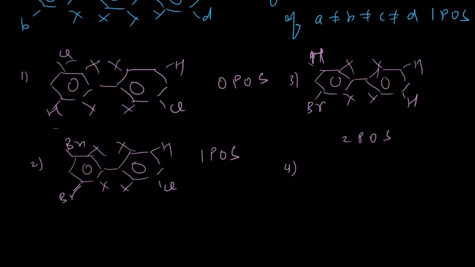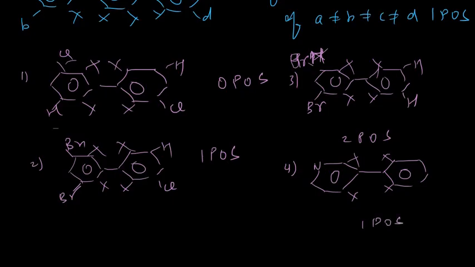And chlorine and chlorine. Wait. This is chlorine, bromine. And this is bromine. Then it has 2 POS. Nitrogen, if I use, then it has 1 POS.